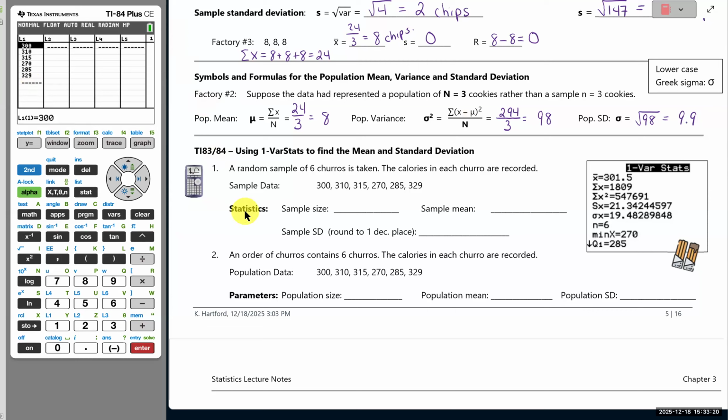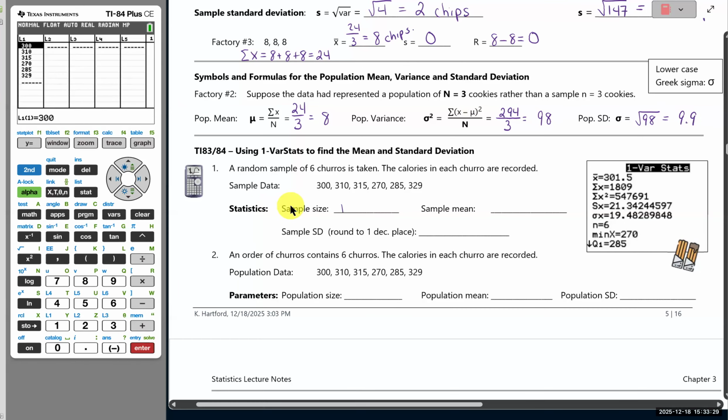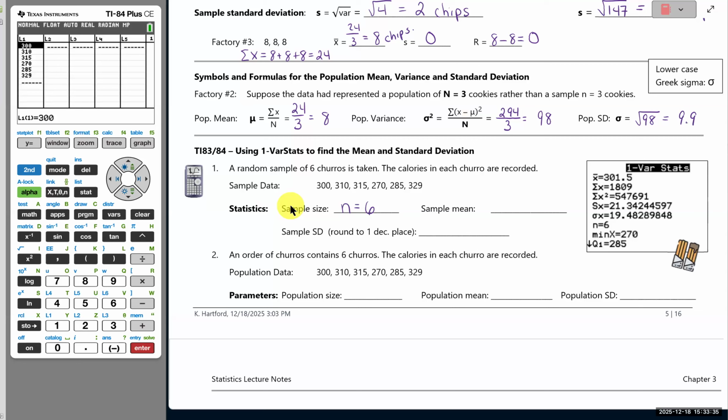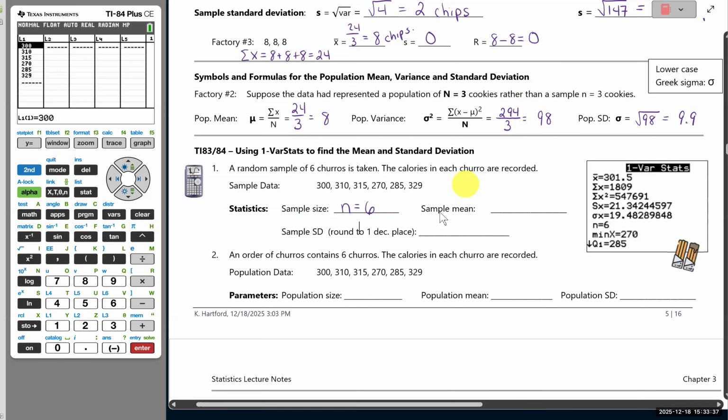And then I'm going to write down here the statistics. So statistics describe samples. Sample size would be lowercase n. And I've got 6 values there, 6 churros. And finding the sample mean, the math isn't difficult. We would add and divide by 6, but I want to introduce using one var stats.